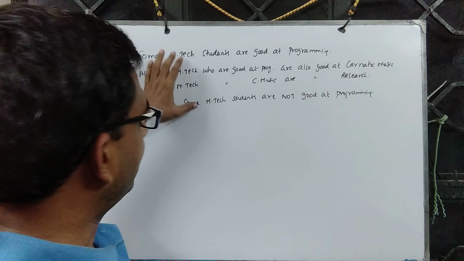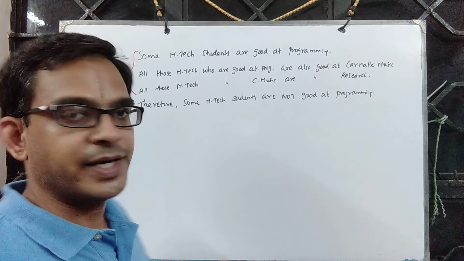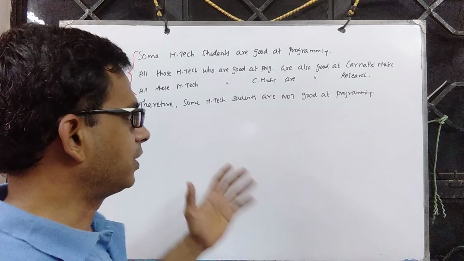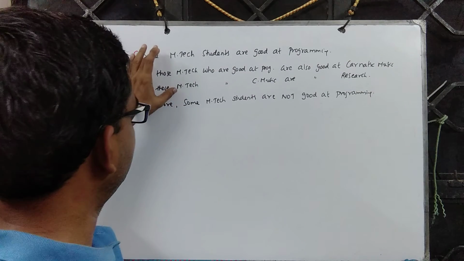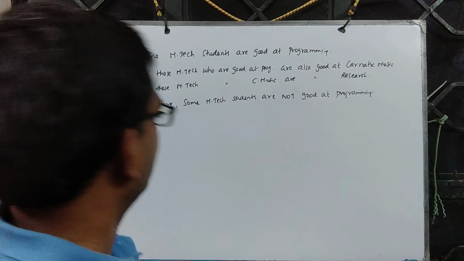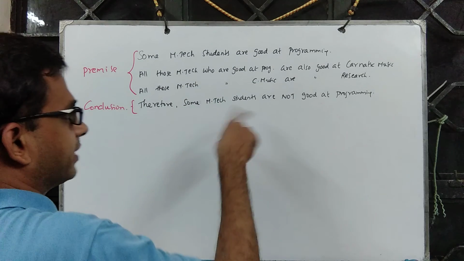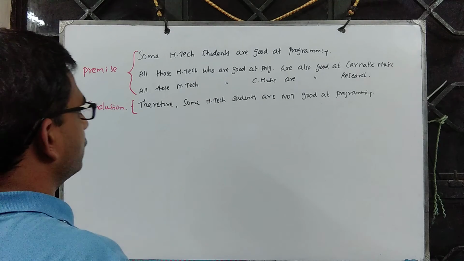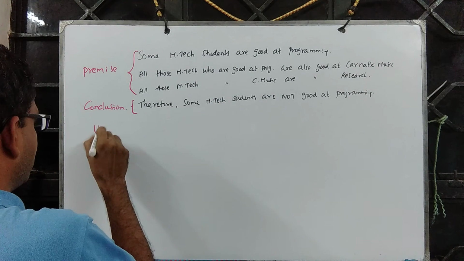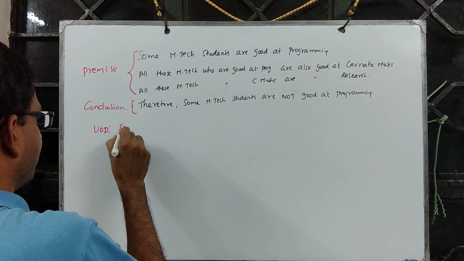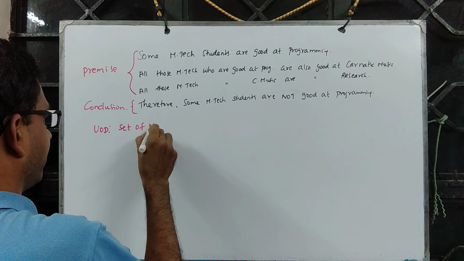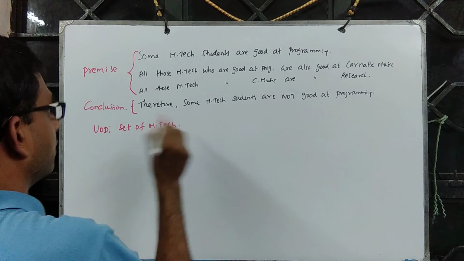We know how to write FOL for simple statements and compound statements. Follow that writing style. Convert this into FOL. Because the context is with respect to MTech students, we can fix the UOD to be the set of MTech students.